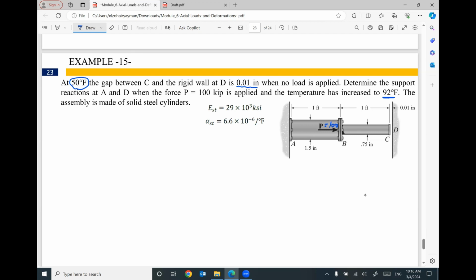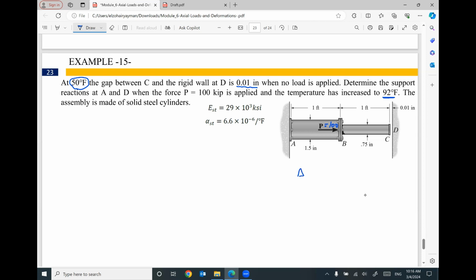The material for this assembly is solid steel cylinders with Young's modulus E steel equal 29 times 10 to the power 3 and the coefficient of thermal expansion alpha steel equal 6.6 times 10 to the power negative 6. So right now we have two combinations.